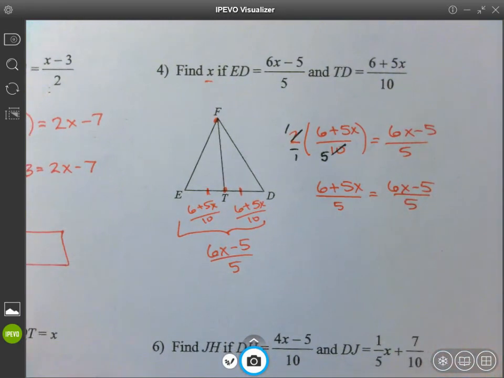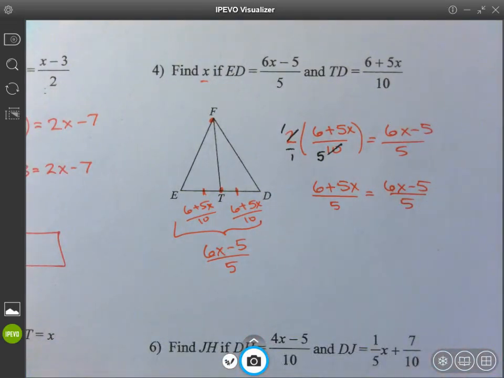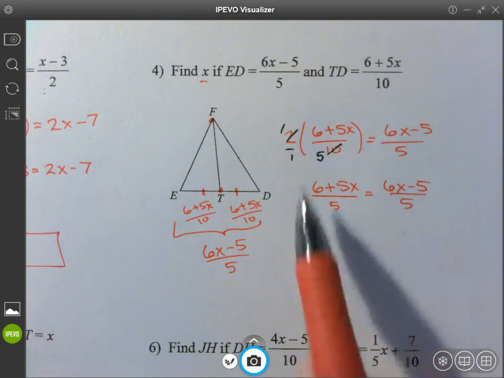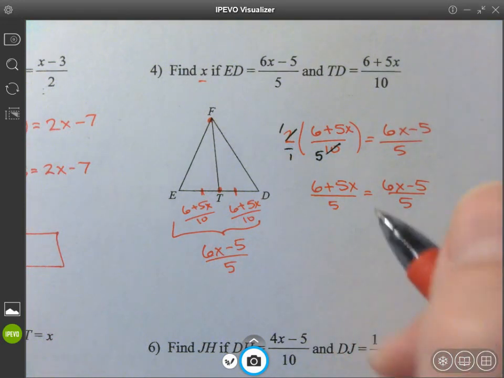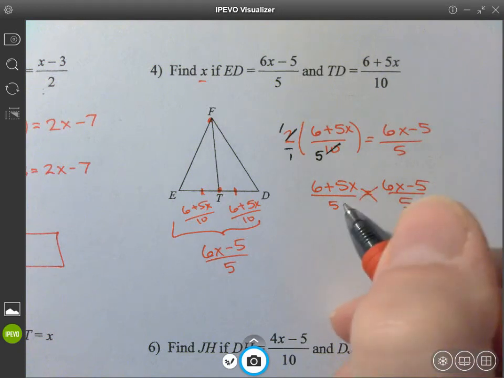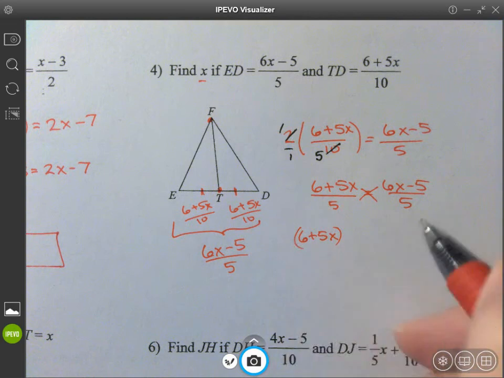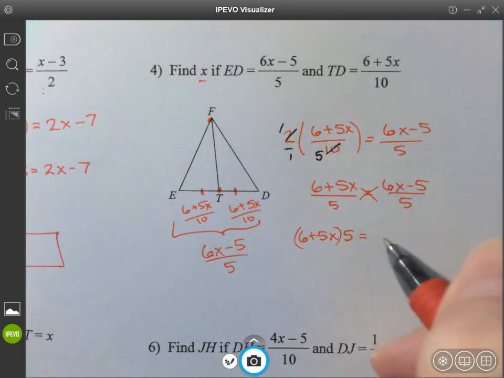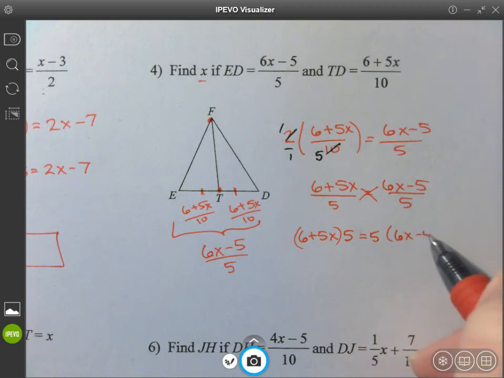Now, some of you might catch that if the denominators are equal, then the numerators must be equal. But if you don't catch that, how do you solve a proportion, a fraction equal to fraction? We cross multiply. So this would be the 6 plus 5x times 5 would equal 5 times 6x minus 5.